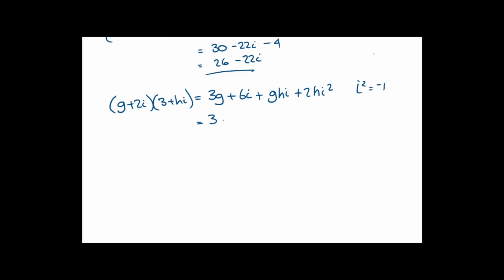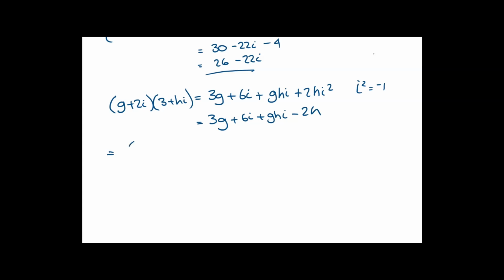So we can rewrite this as 3g plus 6i plus ghi minus 2h. Now we can separate out the real and imaginary parts.